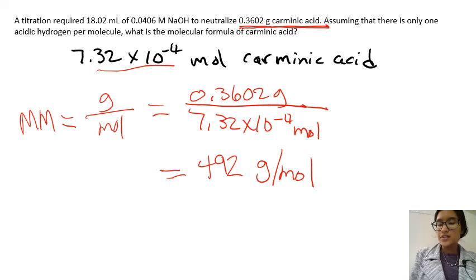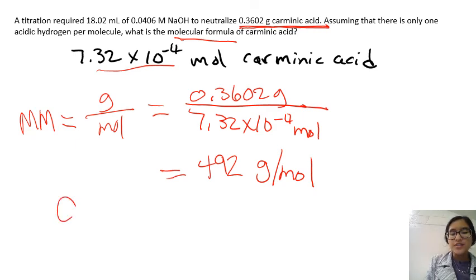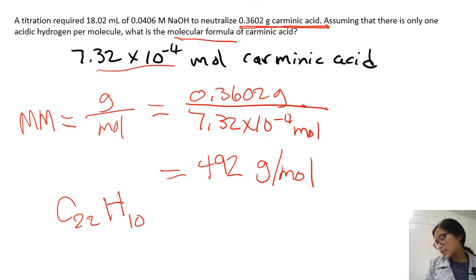All right, so how does this help us get the molecular formula? Well, the empirical formula, as we'd already worked out, is C22H20O13. So this was the empirical formula.